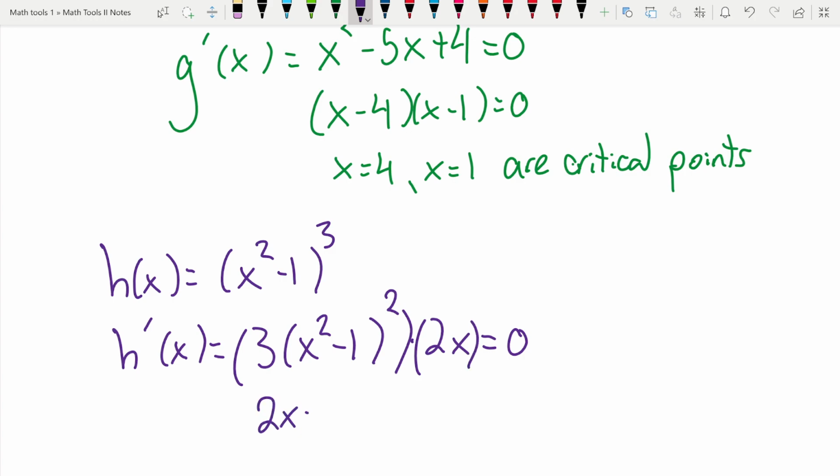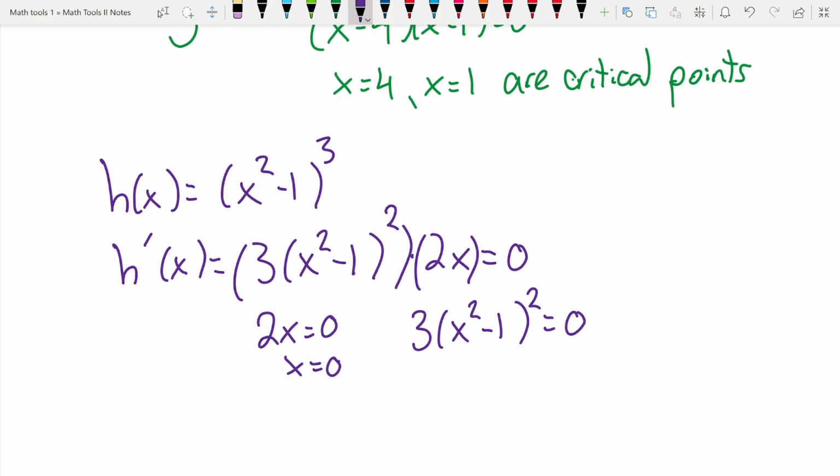So this is going to be either 2x equals 0, implying x equals 0, or 3(x squared minus 1) squared equals 0. We can divide both sides by 3, which still gives us 0 on the right. Take the square root of both sides, which still gives us 0 on the right. We're going to get x squared equals 1 ultimately, and then x equals plus or minus 1. So 1, negative 1, and 0 are all critical numbers here. And we don't have to worry about it being undefined, because even though it's written differently, this is still a polynomial.